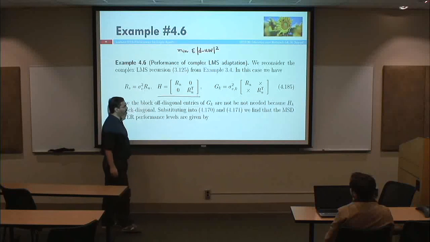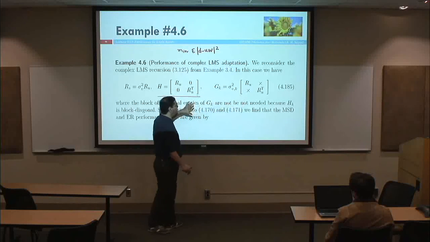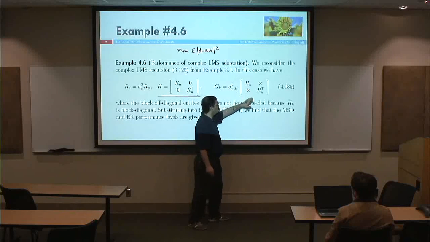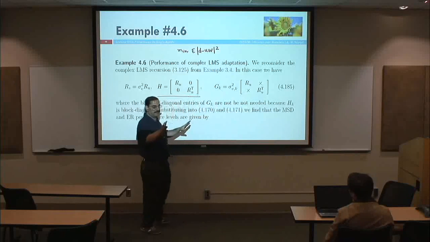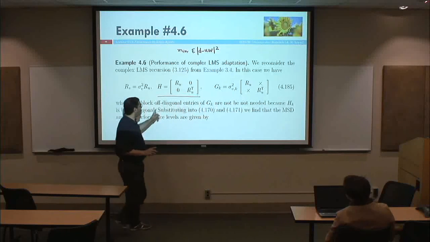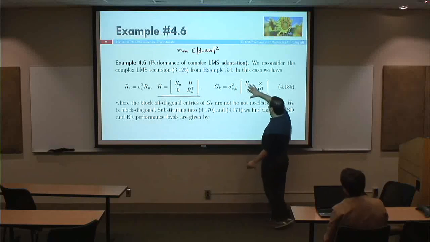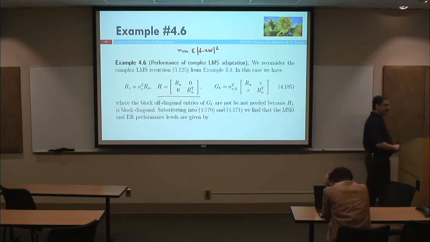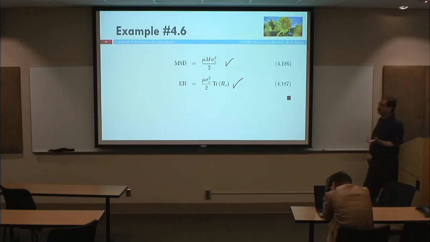Sigma V squared R U. And this is that extended covariance matrix, which will have R S, sigma V squared R U, R S transpose, and something else here. I don't even know what they are, I don't care what they are. Why? Because H is block diagonal. When you multiply H inverse by this, it's going to extract the block diagonal, okay? So when you do that calculation, this is the performance expression in the complex case.